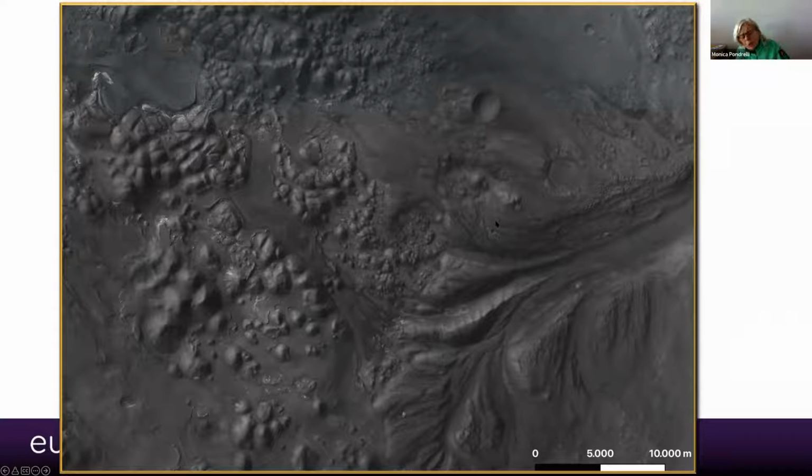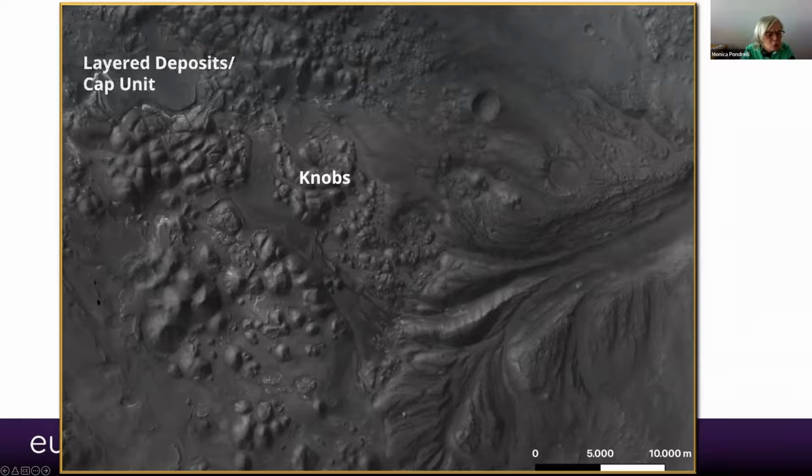And here we can make two considerations. Let's start with the one we did also earlier. We have here some layer deposits which are mostly covered by the cap unit, but you can still see some hints of these layer deposits somewhere, even here. And these layer deposits covered by the cap unit are overlapping the knobs.